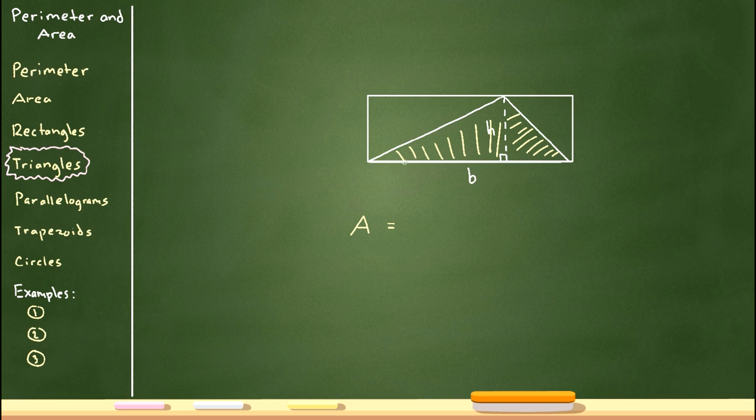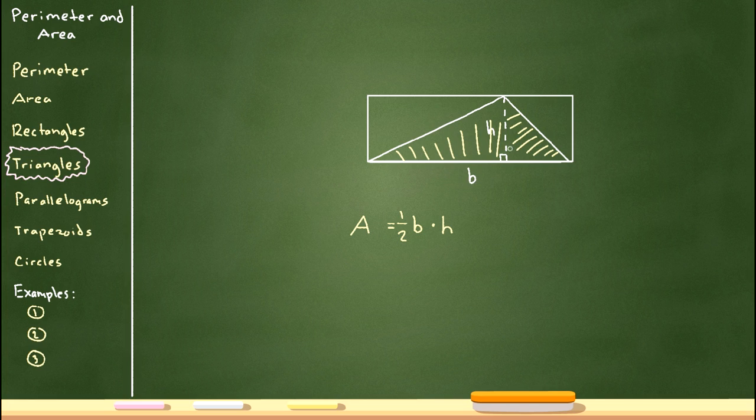But in this case, the length here is called B, right? This base of the triangle here is B. And the width, well, that would be the distance from the bottom of the rectangle to the top of the rectangle, which in this case is H. So base times height. Now, that's the area of the rectangle, but the area of this triangle is really only half of that. Okay, so if I take half of the base times the height, that gives me the area of this triangle.